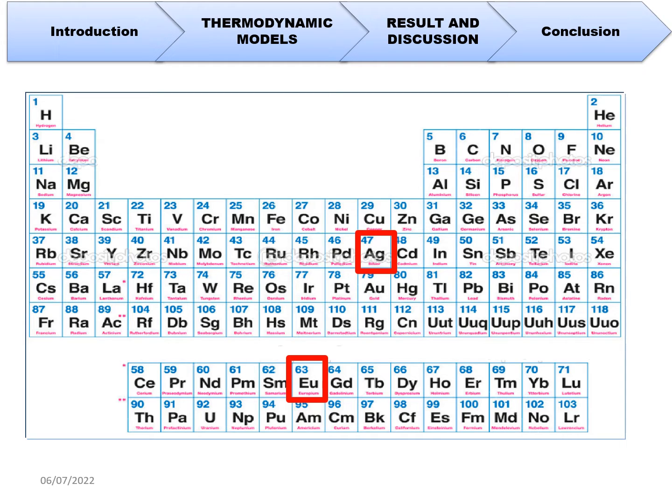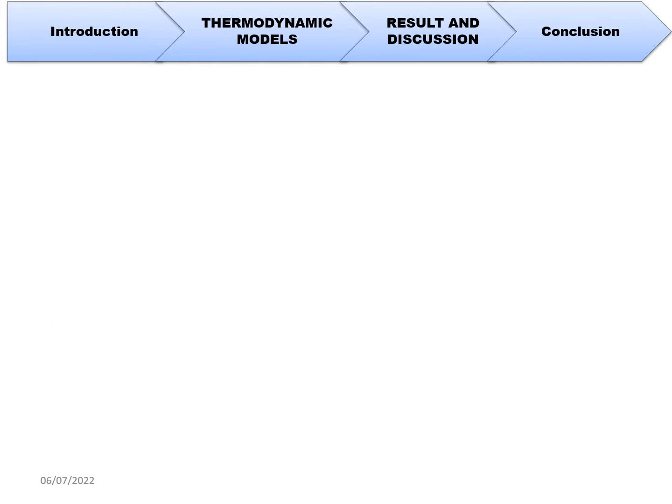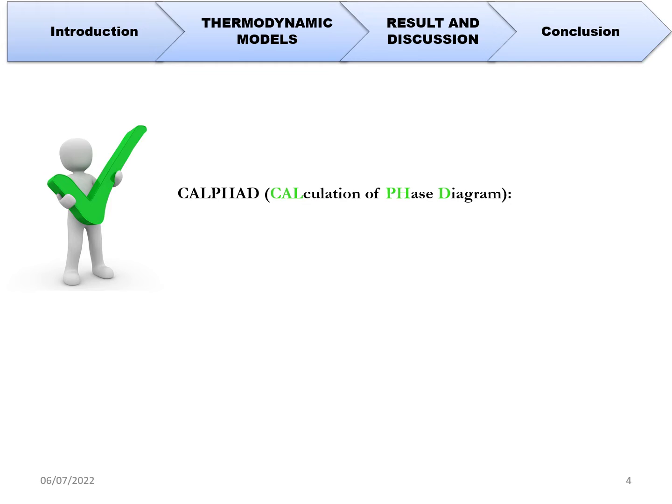We present in this study the thermodynamic assessment of silver and europium using the CALPHAD method. In this approach, the thermodynamic properties of every phase are described by means of the Gibbs free energy, using all the collected experimental and theoretical available information on phase equilibria and thermochemical properties for the studied system, employing a mathematical model containing adjustable parameters.